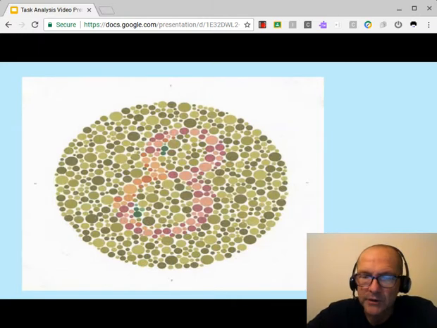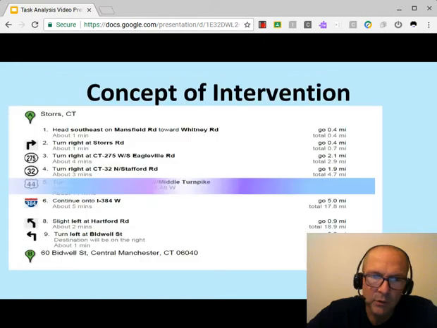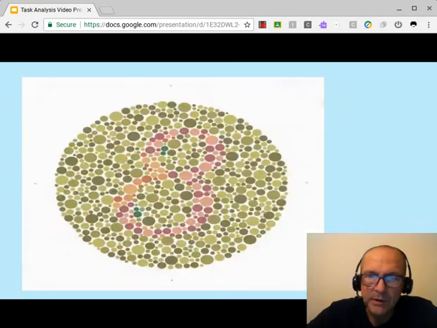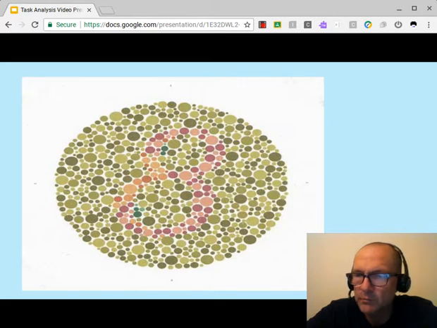Another challenge is that the steps we're looking at may appear so simple to us, kind of like looking at a color blindness test, where the student looks at this and doesn't see a number. I'm actually blue-green colorblind, so I don't see a number in here. Likely the rest of you look at it and see the number immediately.